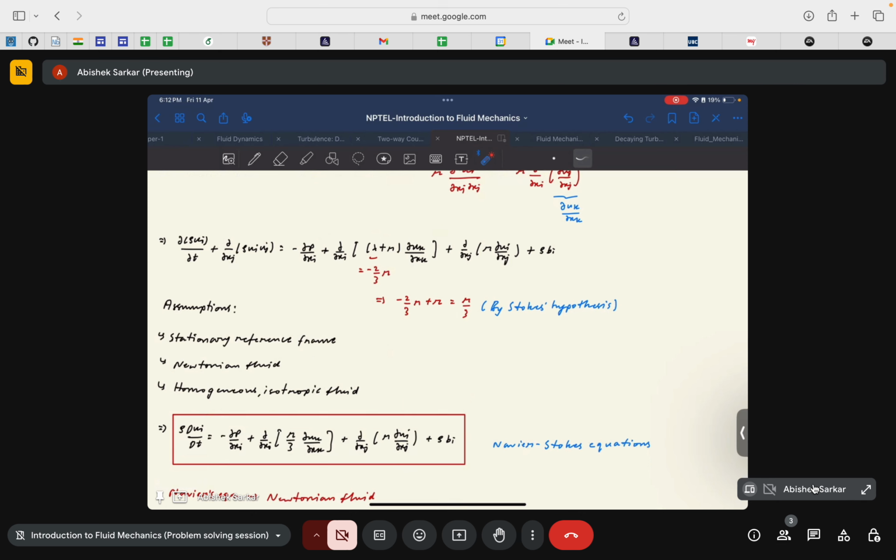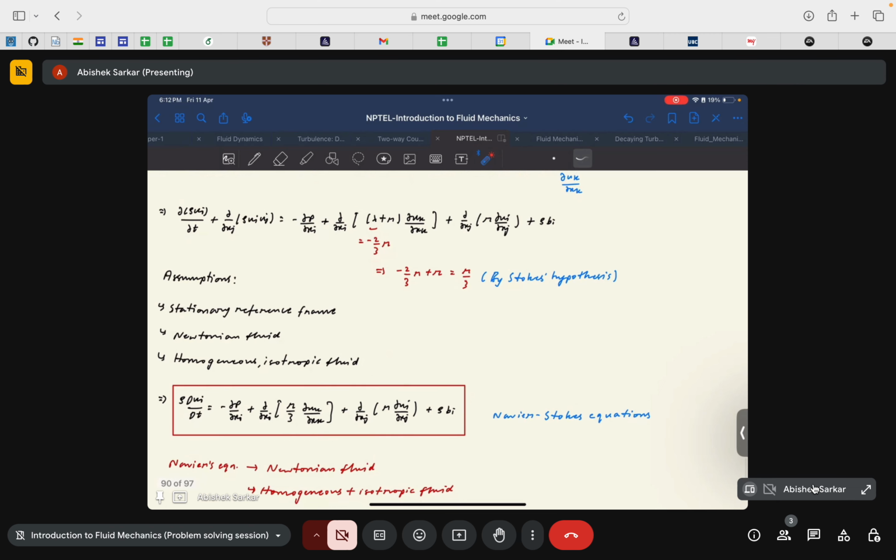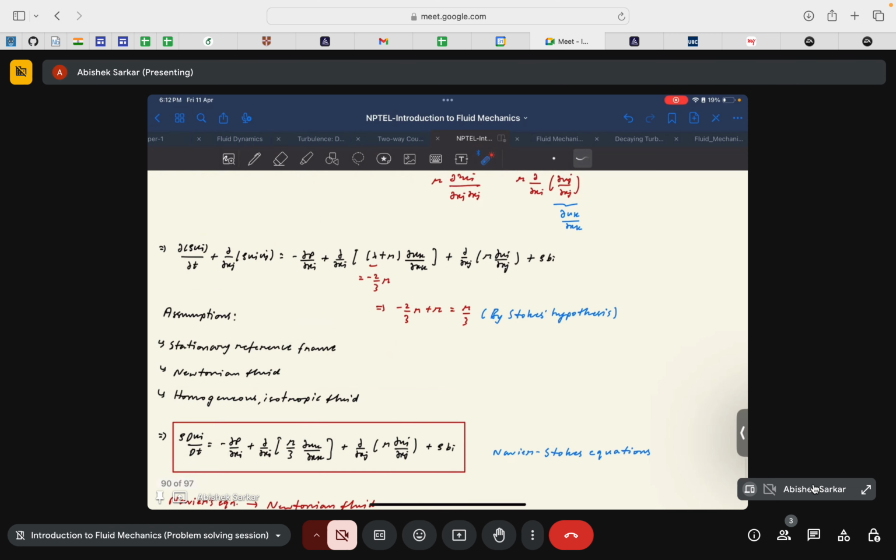So given that you impose Stokes hypothesis, stationary frame of reference, Newtonian fluid and homogeneous isotropic fluid, you will have ρ ∂ui/∂t. Of course you can substitute it by the complete derivative and apply mass conservation. Let's try to simplify this term as an exercise here.